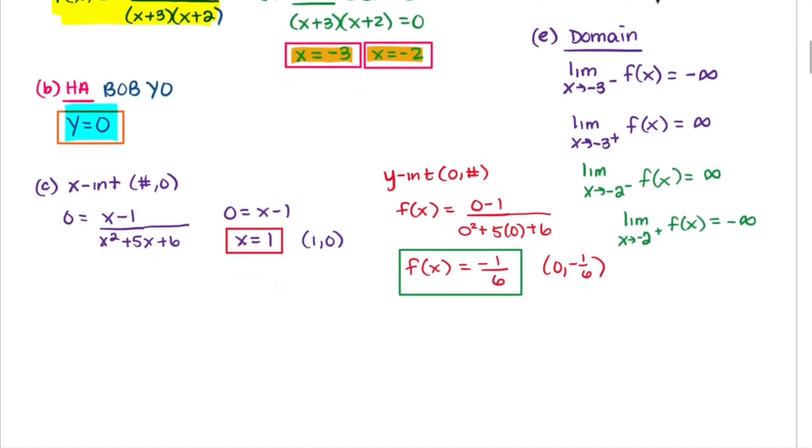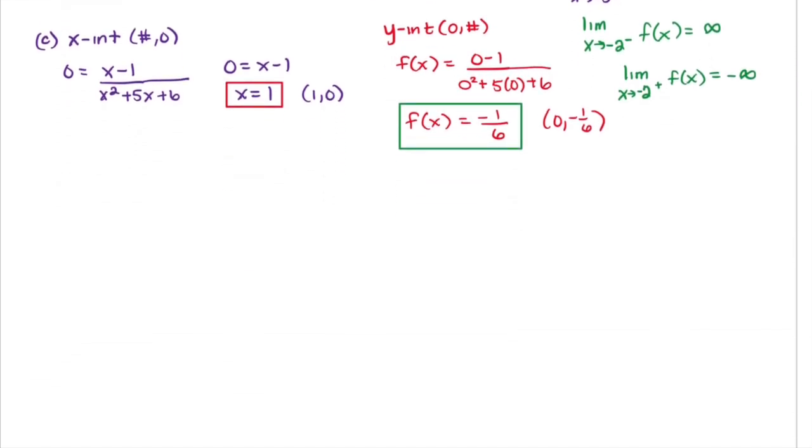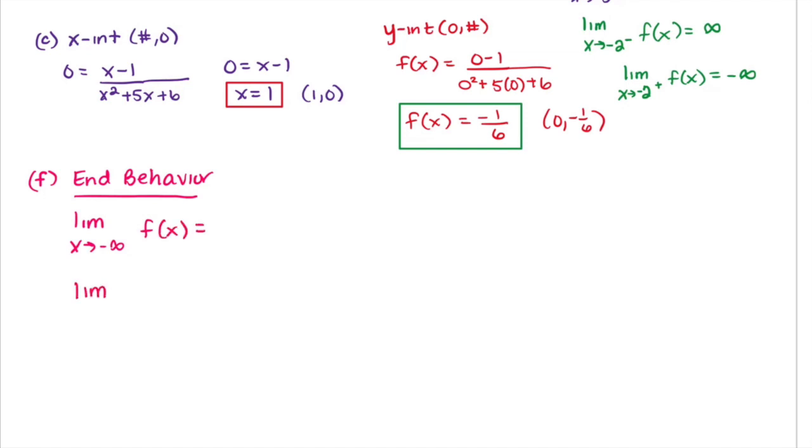So the ends is what's happening at the very ends of our function. So for part F, the end behavior. We're going to look at the limit as we approach -infinity. Where do we head? And then the limit as we approach +infinity. Again, where are we heading?